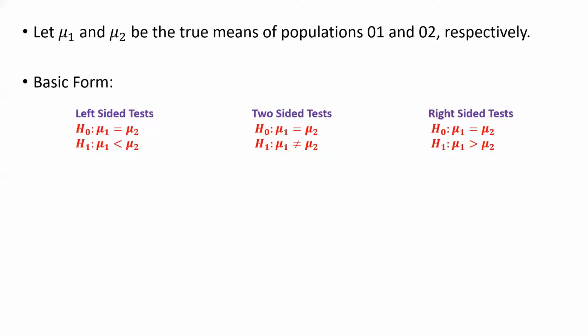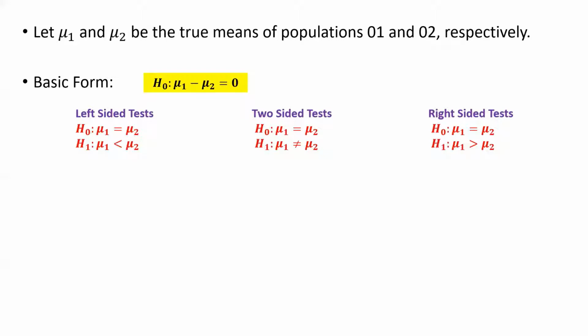All right, for the basic form, the null hypothesis H0 can also be seen as mu1 minus mu2 equals 0. In MS Excel, mu1 minus mu2 is called the hypothesized mean difference. So, the null hypothesis in the basic form can also be read as the hypothesized mean difference being equal to 0.